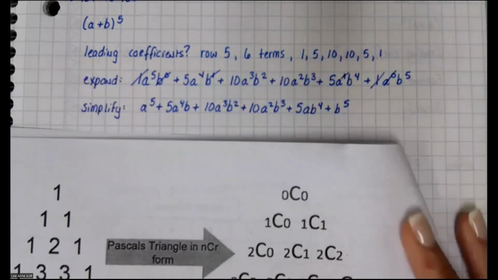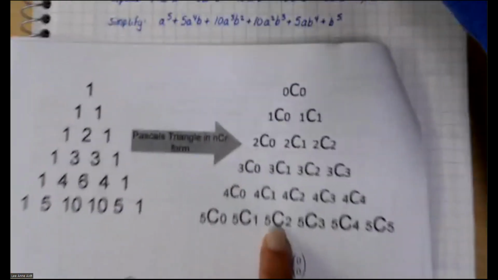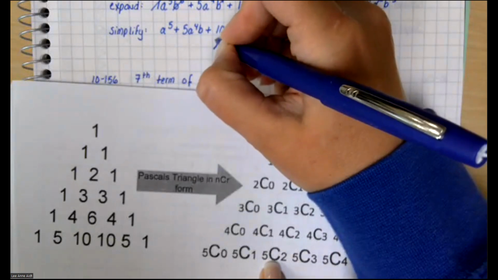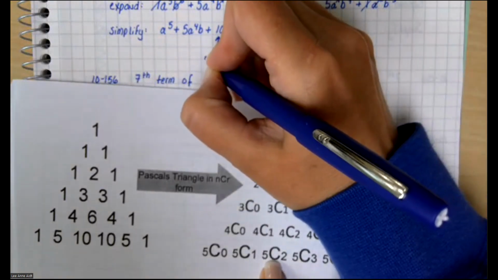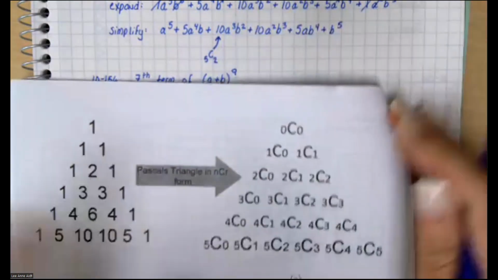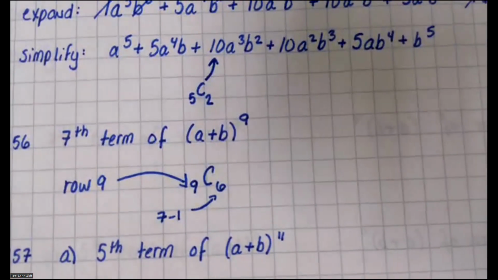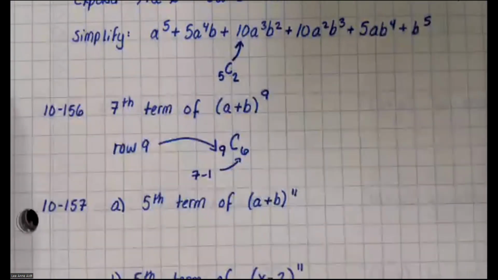Now, if I come down here, I'm talking about this 10 being 5 combination 2. And we didn't do that on the calculator because we looked at Pascal's triangle instead, which has the same stuff.